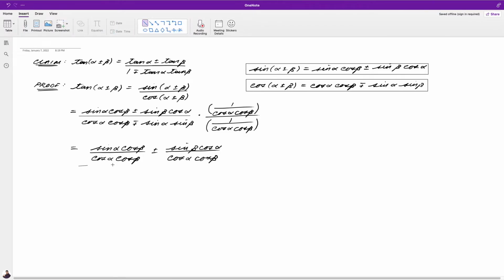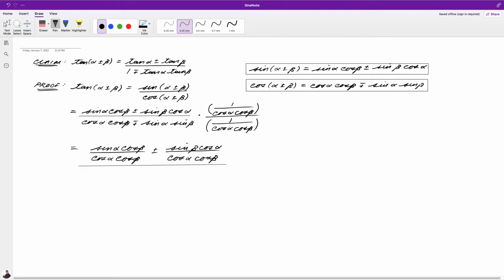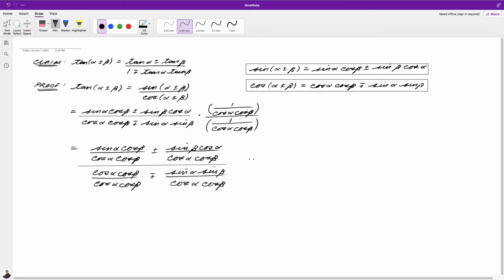And that all is divided now by cosine alpha cosine beta over cosine alpha cosine beta, and minus or plus, and then we're going to have sine alpha sine beta, all of that divided by cosine alpha cosine beta. Very good.